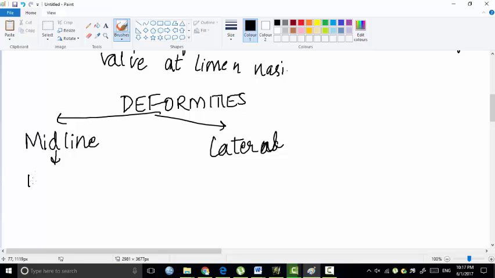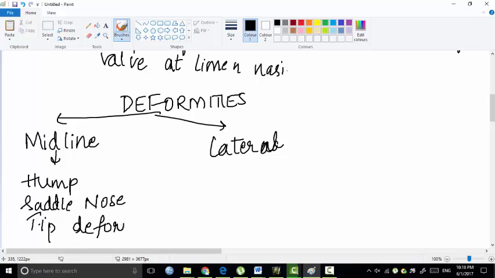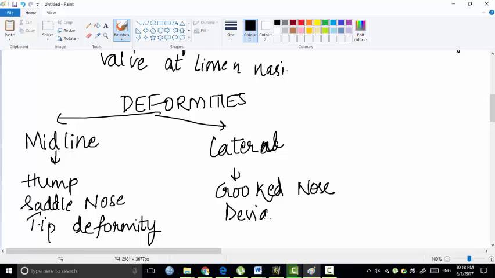So midline deformities are basically hump, saddle nose, tip deformity, and if you see lateral, it may be crooked nose or deviated nose or alar depression. So all these may be the deformities.